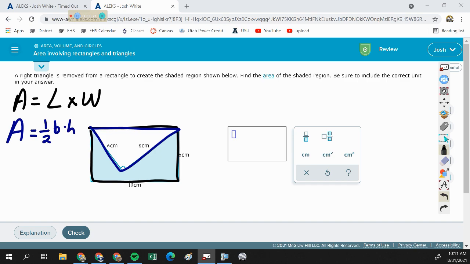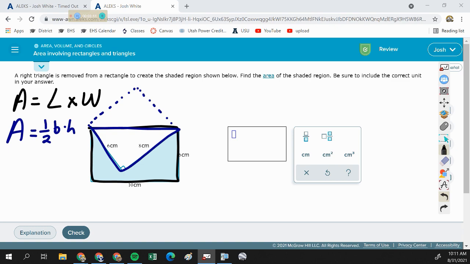Why does that work? Yeah. So if I were to extend this out, now I have a blue rectangle, and the area of that rectangle is going to be 6 times 8. And the triangle is exactly half as big as the rectangle.